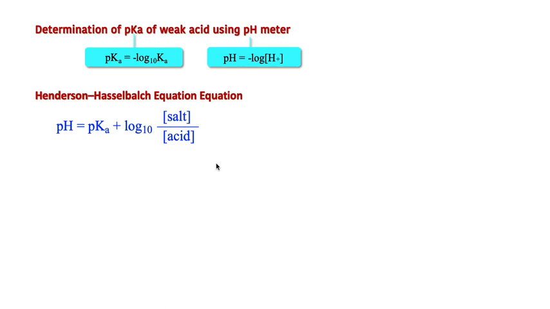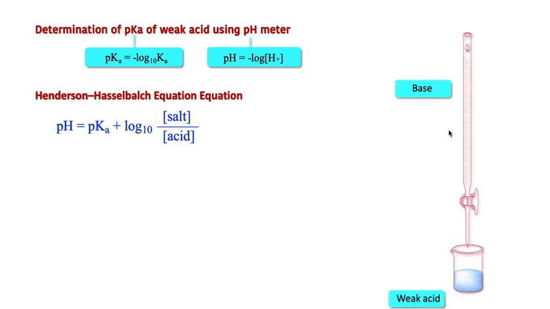salt by acid. So here, if you take the base in the burette, we are going to add the base to the weak acid, and that forms the salt. When the concentration of salt is equal to the concentration of acid, the log term becomes 0, and then we get pH is equal to pKa.